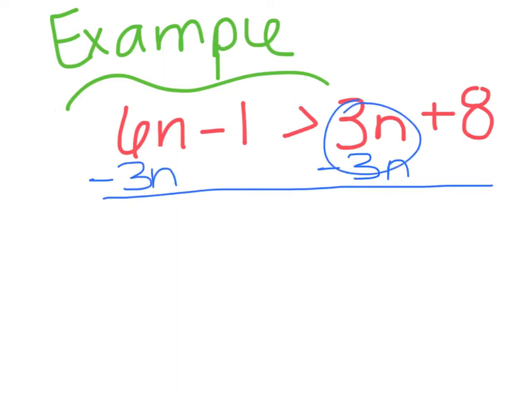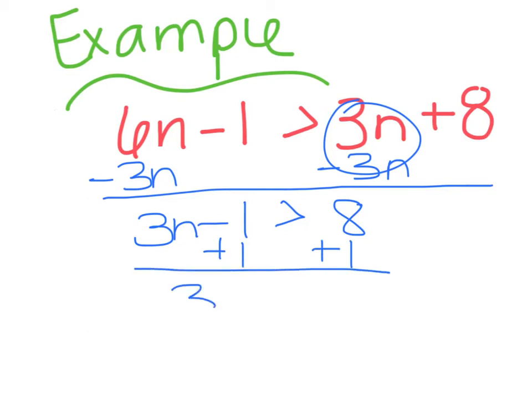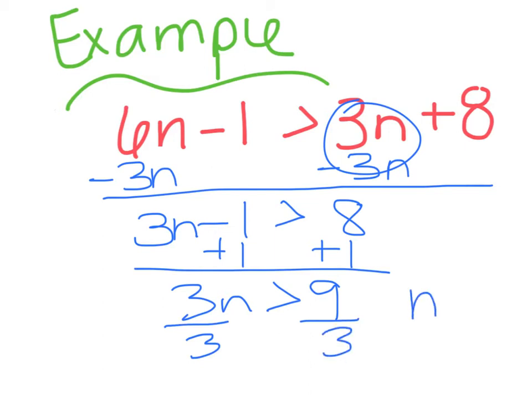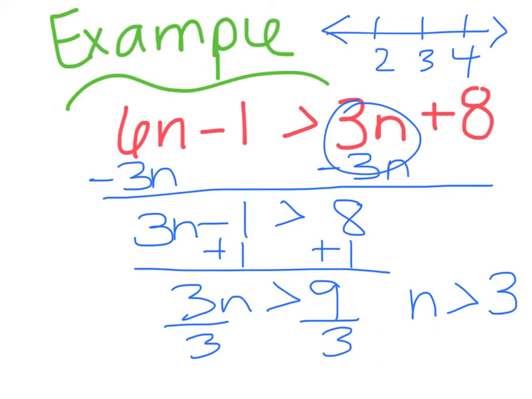I'm going to move this one so that I get 3n minus 1 is greater than 8. And now I'm untying. And n is going to be greater than 3. And then I'll draw this up here. 3. And n is greater, so it's going bigger numbers.